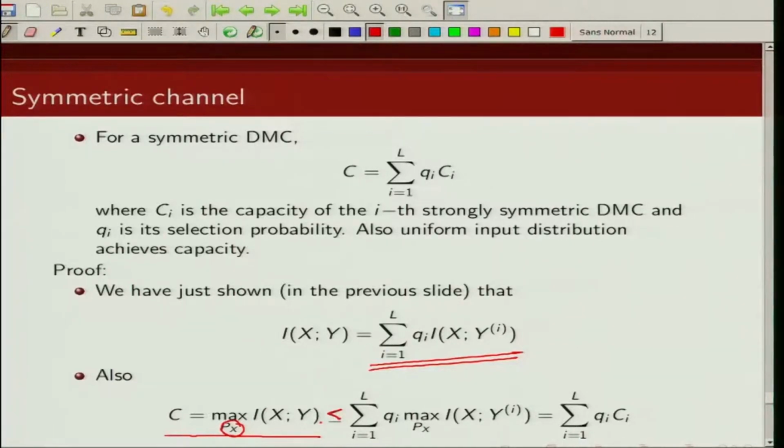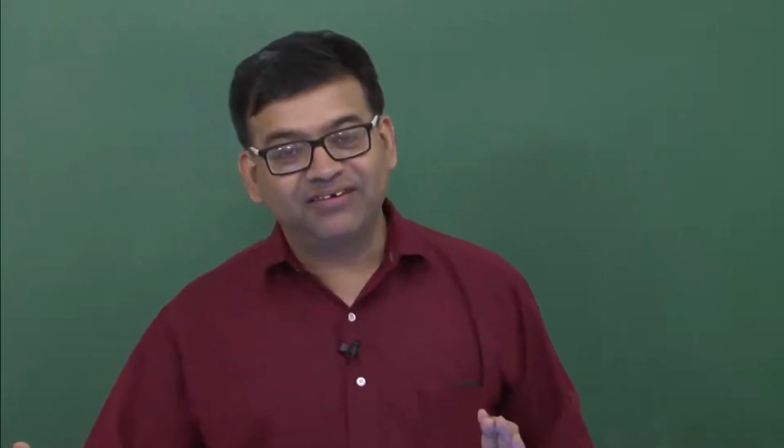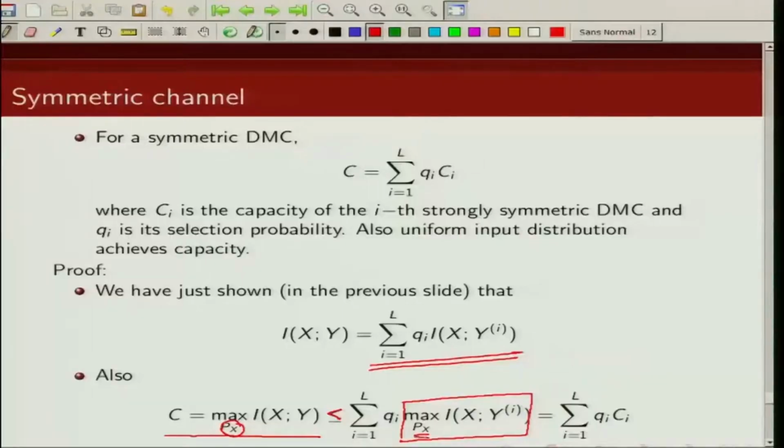Now remember, in case of a strongly symmetric channel, it is the uniform input distribution that achieves capacity. And since I have the same input going to all of these L channels, the input distribution is the same. So the distribution that achieves capacity for the ith channel, the same distribution achieves capacity for, let us say, the jth channel.